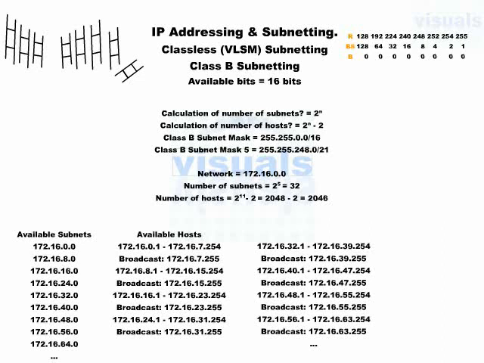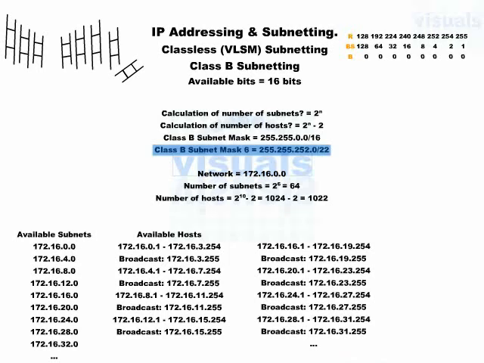So let's move towards another example of class B subnetting. For this scenario, I'm going to apply 6 bits for subnetworks. This gives subnet mask 255.255.252.0.